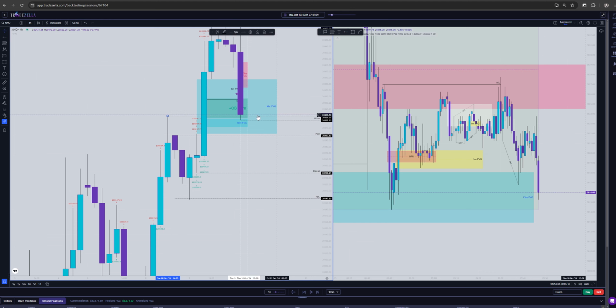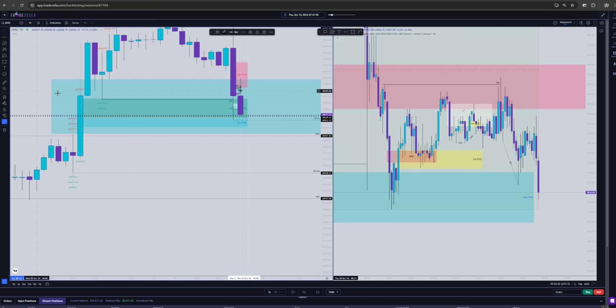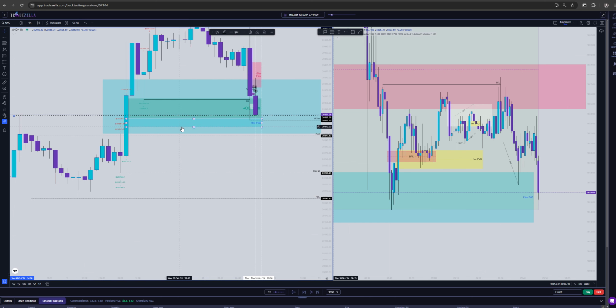Point right there. And I want to make this a thicker dotted line just so I could see what that was. 1 hour. I didn't really look at 1 hour too much. So on 1 hour we can get rid of this bearish breaker and then put a 1 hour fair value gap in here instead.